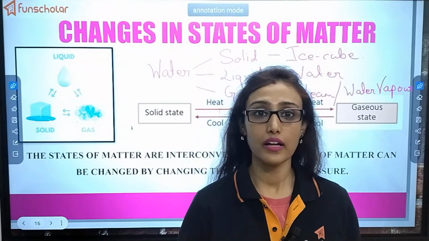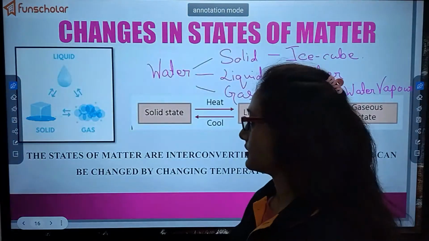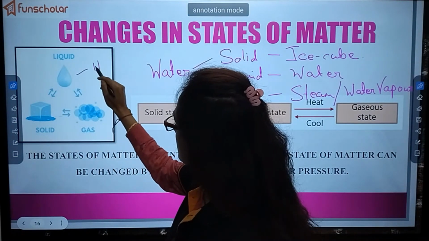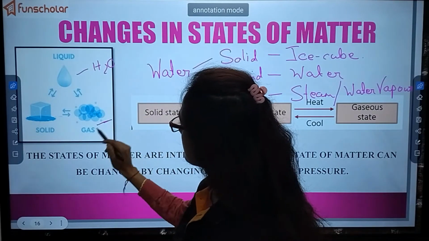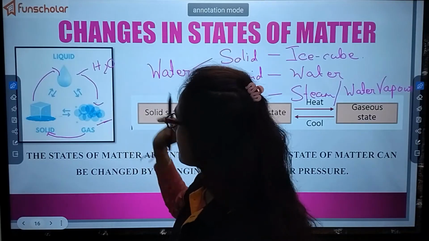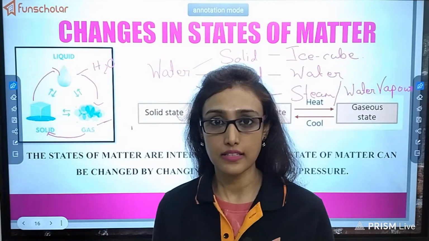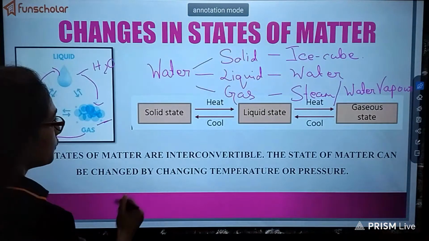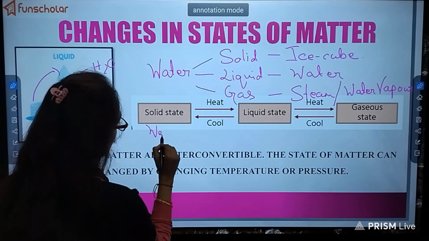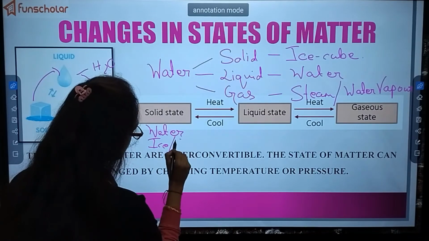So, let us now understand how water changes from one form to another. You see this picture? Liquid, water, gas, then again solid, then again liquid, again gas. So, this cycle goes on in our nature itself. How? When water is in solid state, we call it ice or snow.